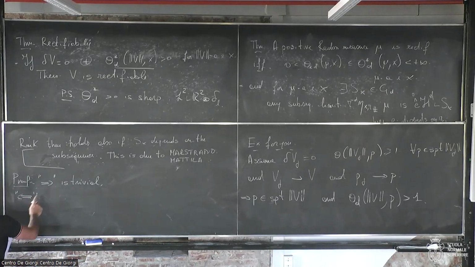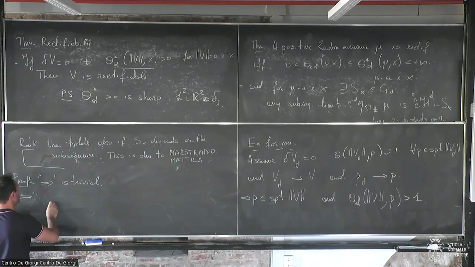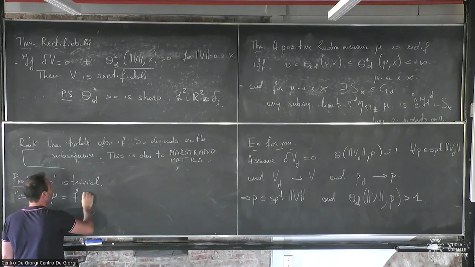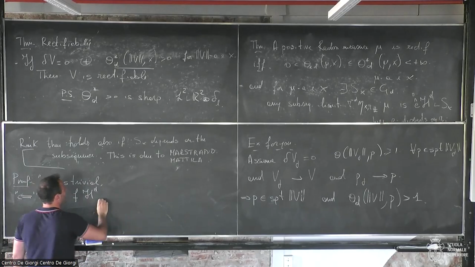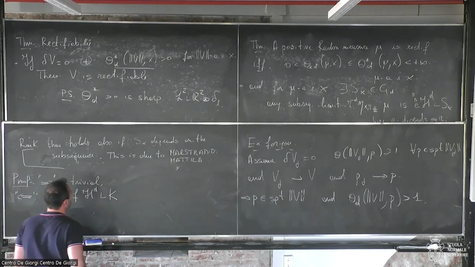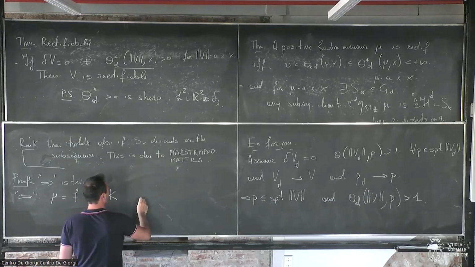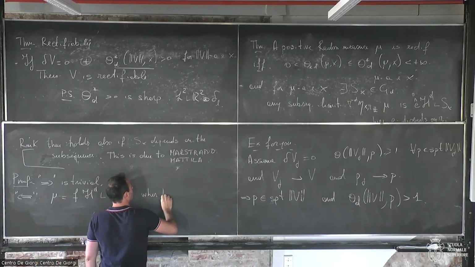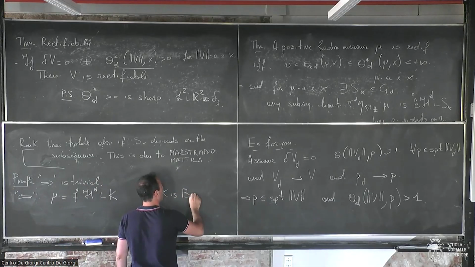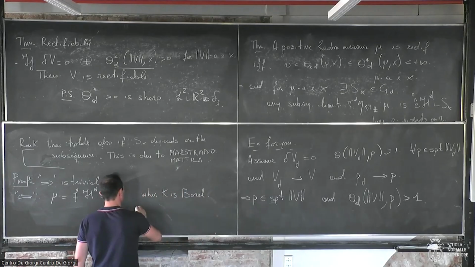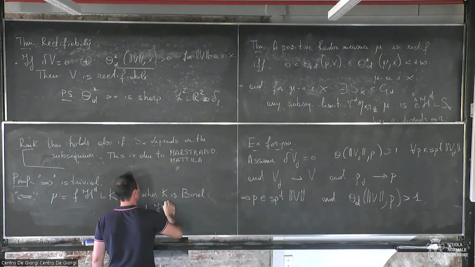Okay, so first of all, we can show that mu, and something that is easier to show is that mu is equal to f times H^d restricted to kappa, where kappa is sigma finite for H^d.